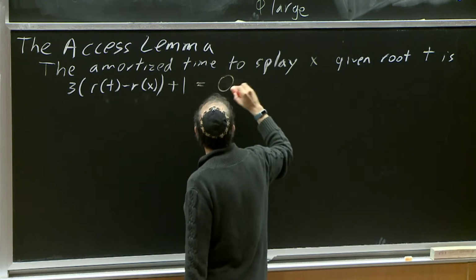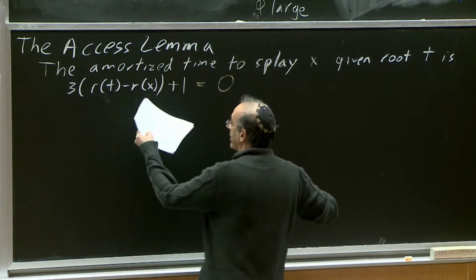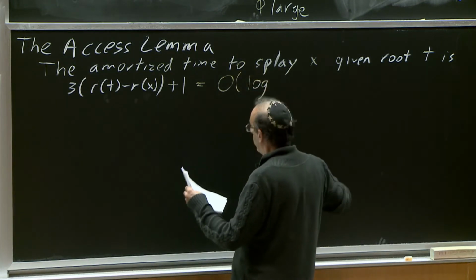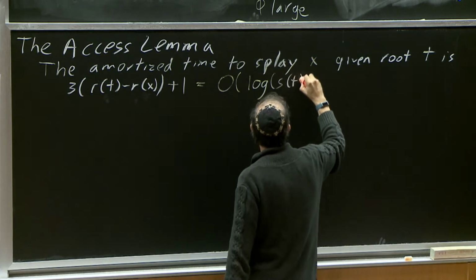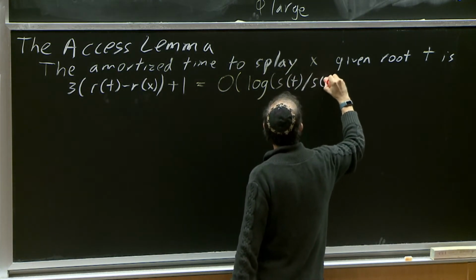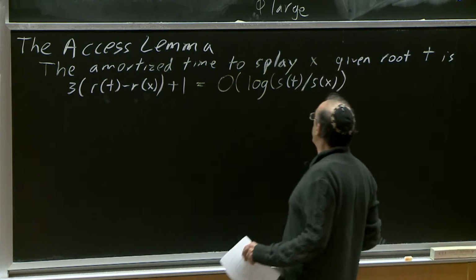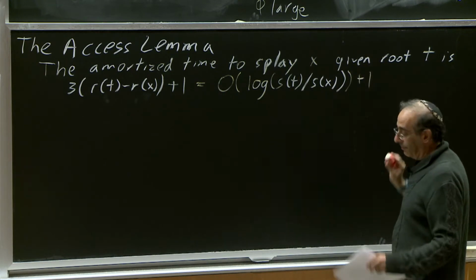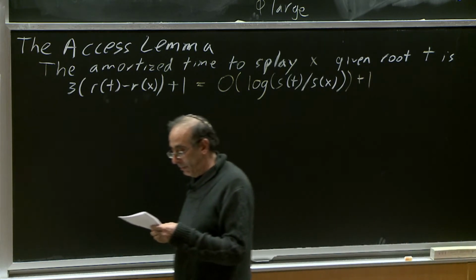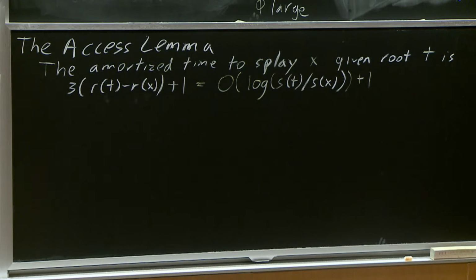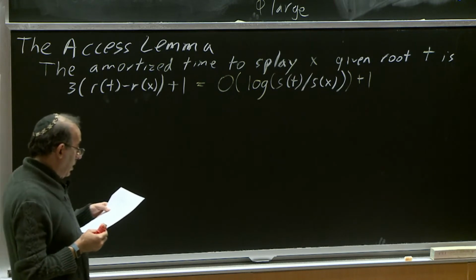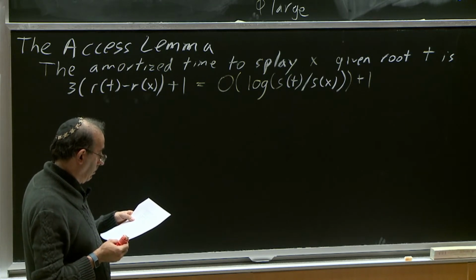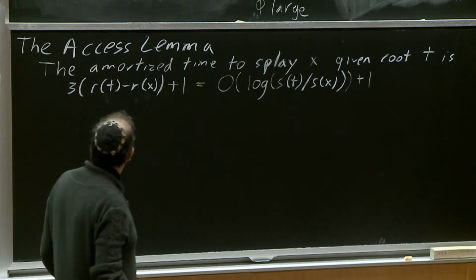And so we can write this a different way. The difference in ranks, because these are both logs of sizes, is the log of the size of the root, the size of the whole tree, divided by the size of the tree rooted at x, plus the 1. Okay?